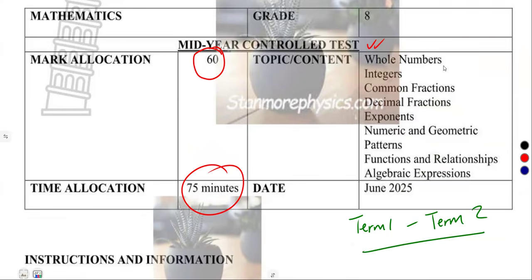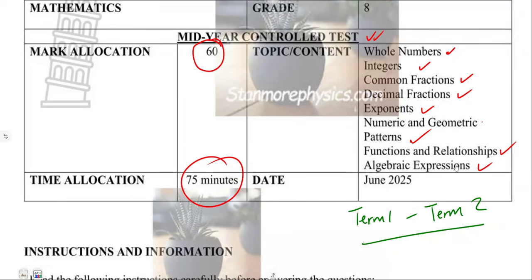Meaning, from term one, considering the whole numbers, the integers, common fractions, decimal fractions, exponents, numeric and geometric patterns, functions and relationships, algebraic expressions, you must go through these before you sit for your mid-year controlled test. You must understand all these basics.